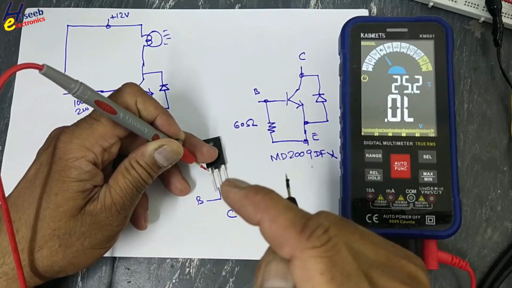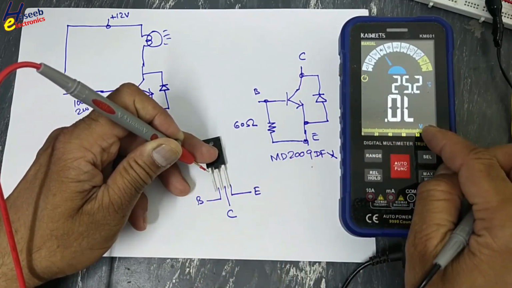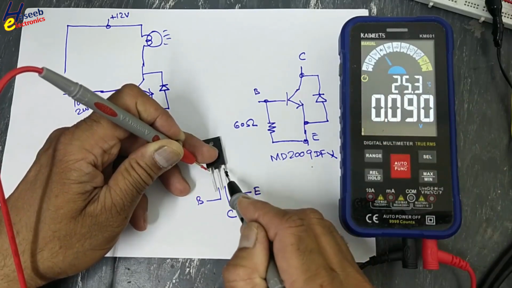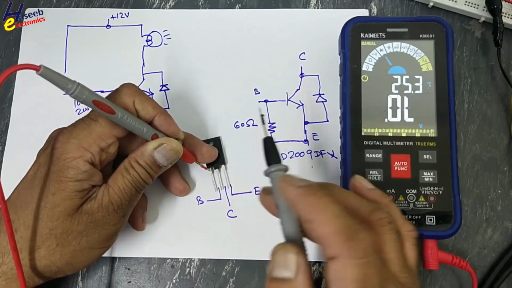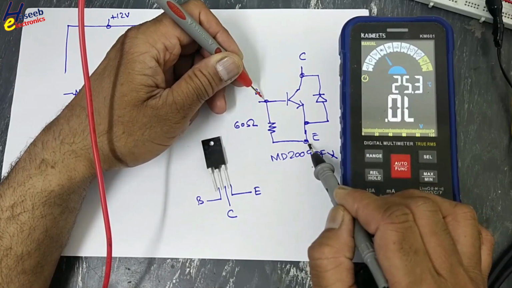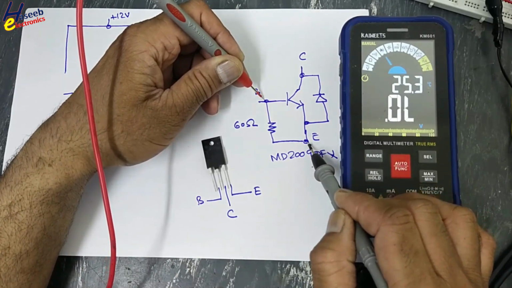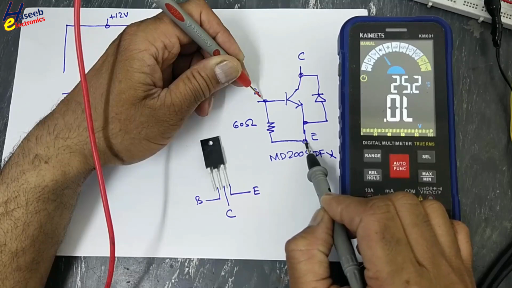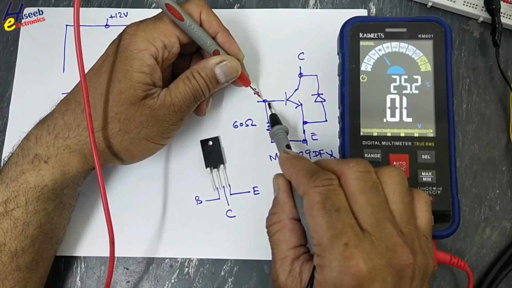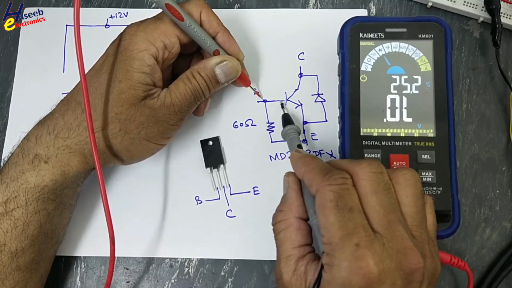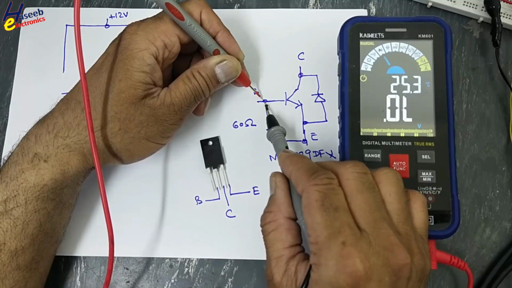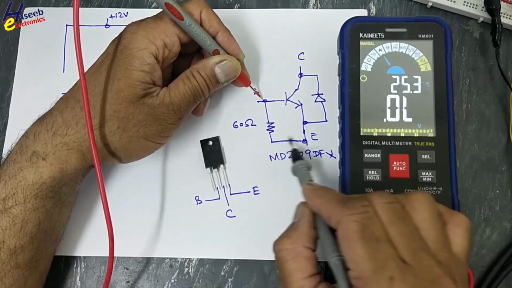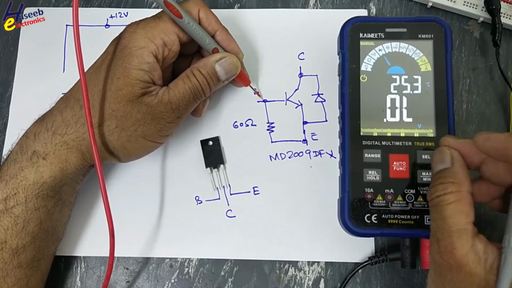That was resistance and this is voltage, the voltage drop across the component. Here we connected the red test lead at base, black test lead at emitter. It is supposed to flow current in this channel, but there is this parallel path. That is the reason this low resistance is causing 0.089.